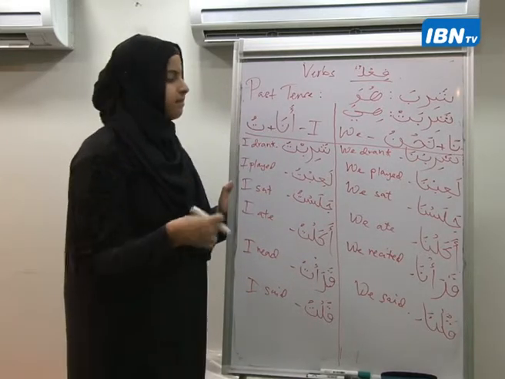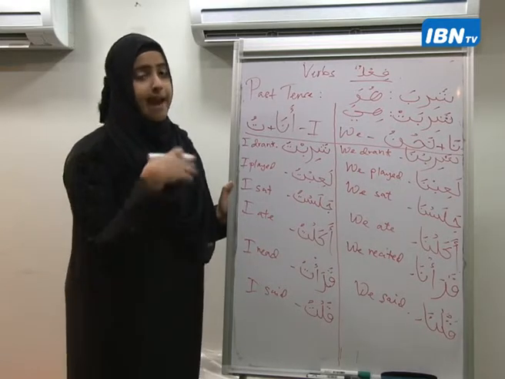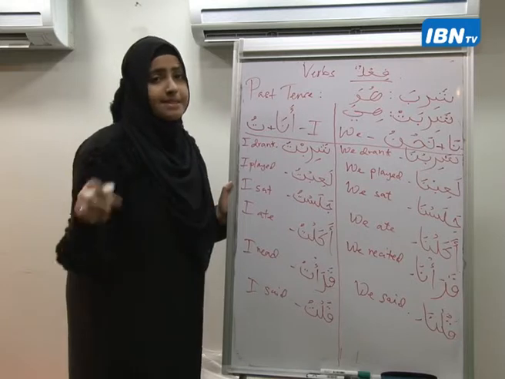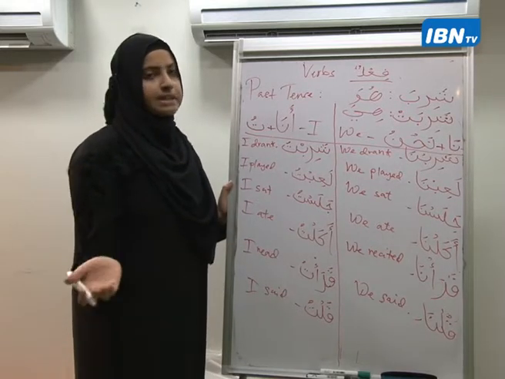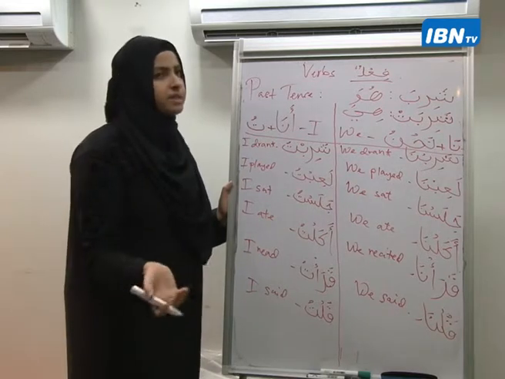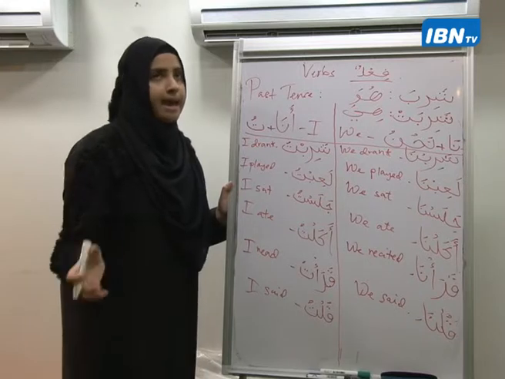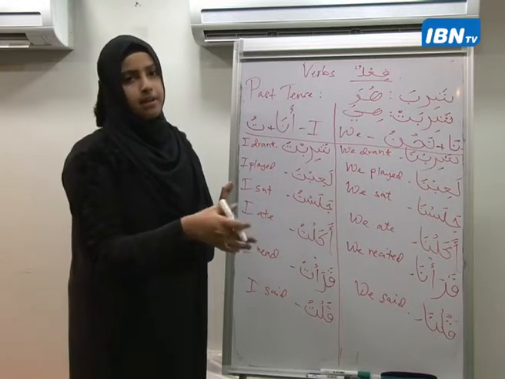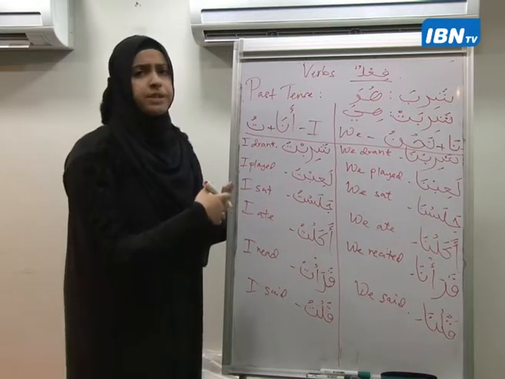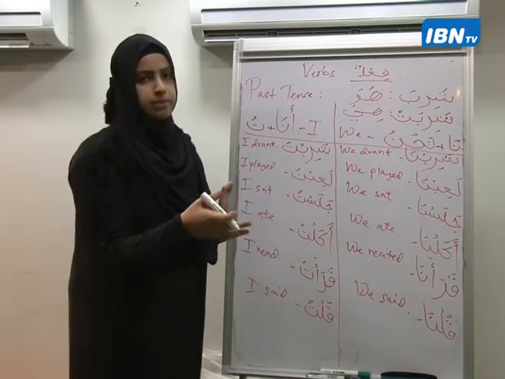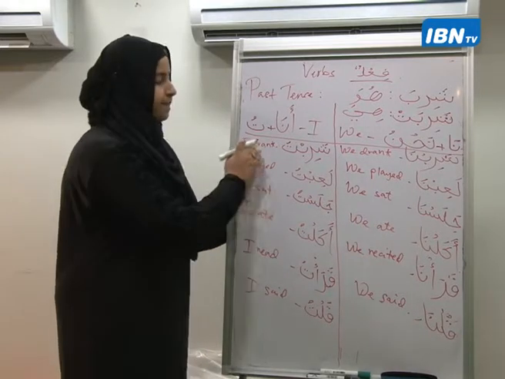If you just say sharibtu, people will understand that you are trying to say I drank. Why? Because since Arabic is very specific, it's very easy to understand.